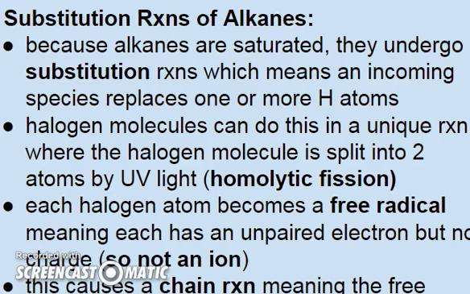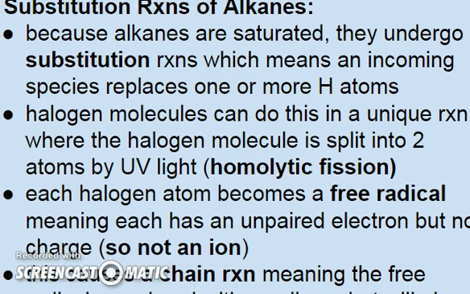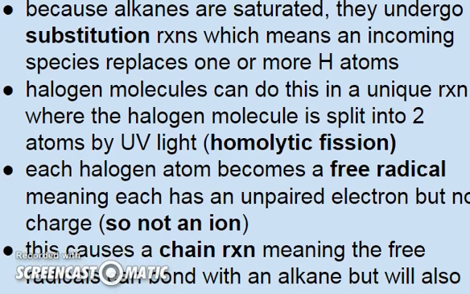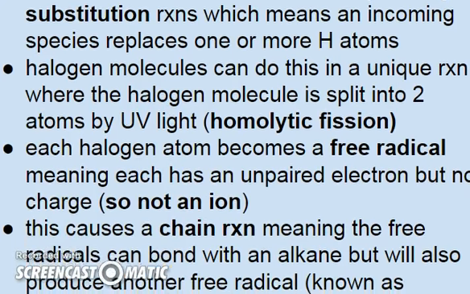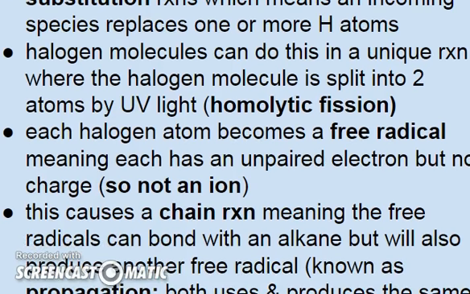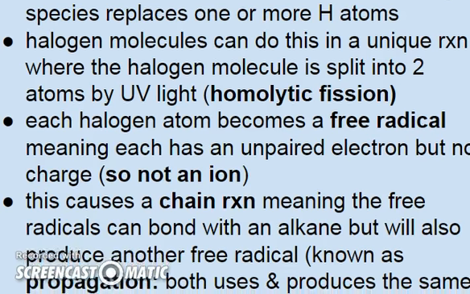It starts with UV light, like I said, which is called homolytic fission, which just means to break it apart. So the UV light splits the halogen molecule, so Cl2, Br2, whatever, into two atoms. And when a chlorine atom or a bromine atom, when a halogen atom is all by itself, it's what's called a free radical, because it hasn't picked up another electron.